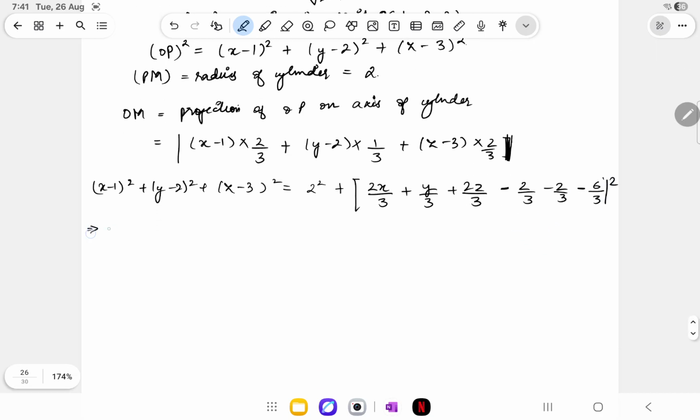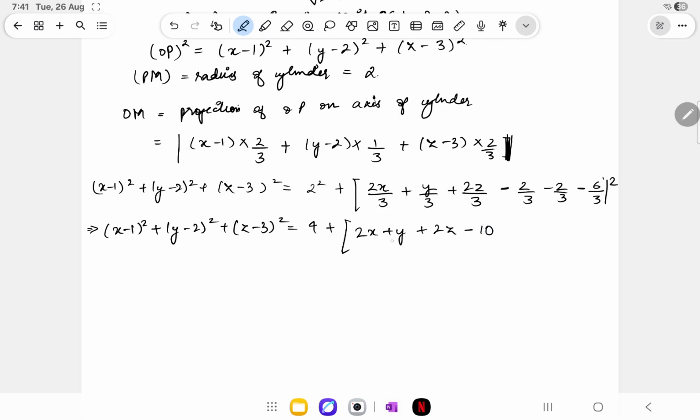So this is equal to x minus 1 square plus y minus 2 square plus z minus 3 square equals 4 plus 2x plus y plus 2z minus 10 by 3 square.